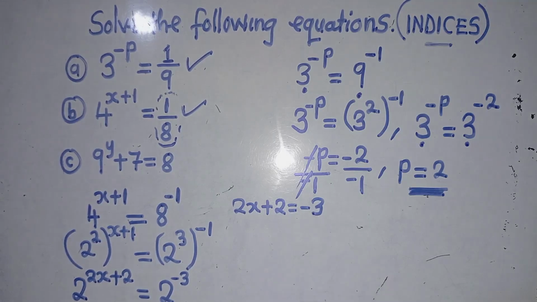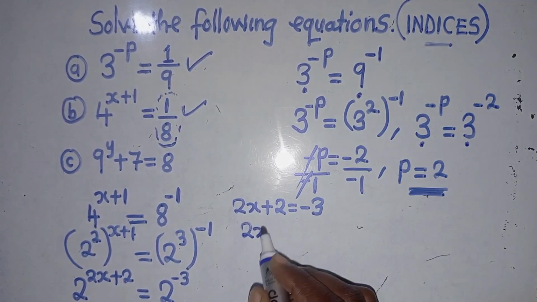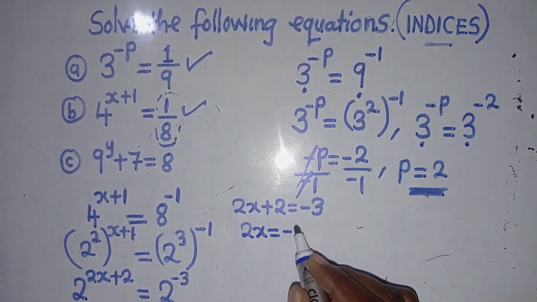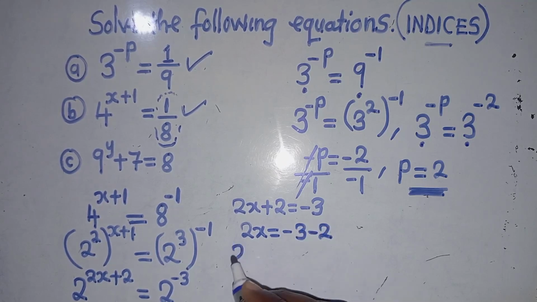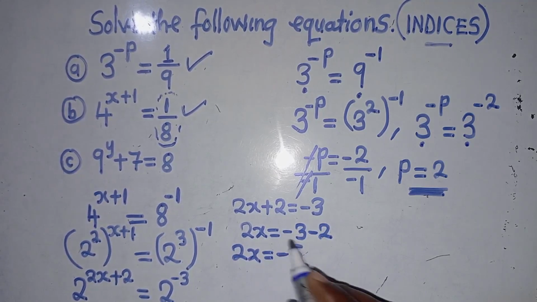From here, you group the like terms. So 2x is equal to negative 3 minus 2, where you are going to have 2x equal to negative 5 when you add.